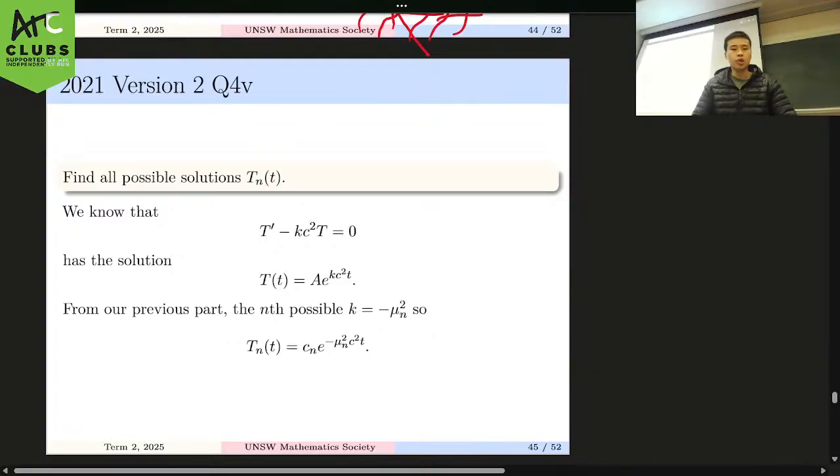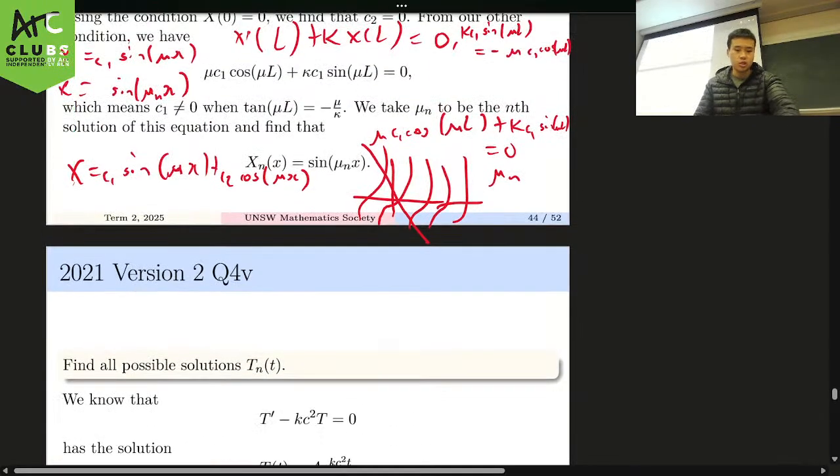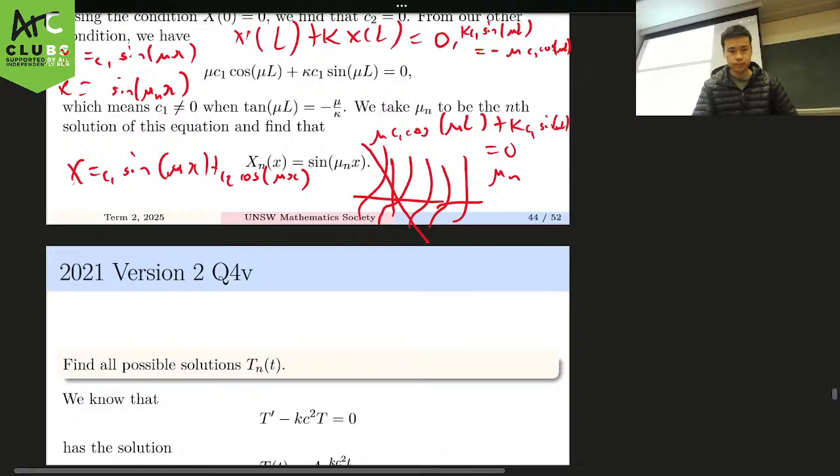Okay, so find all the possible solutions of T_n of t. We're just going to use this formula here. T dash minus k c squared T is equal to 0. There are a whole bunch of different methods. Let's do integrating factor.